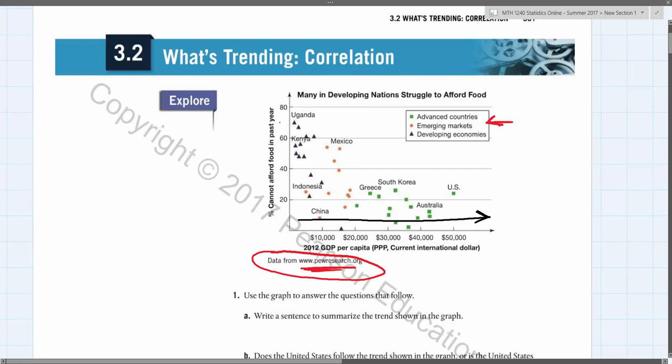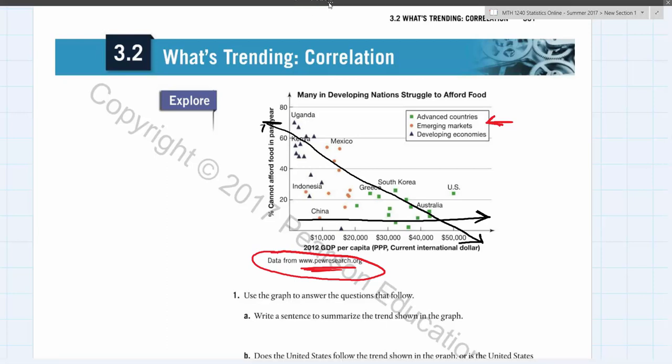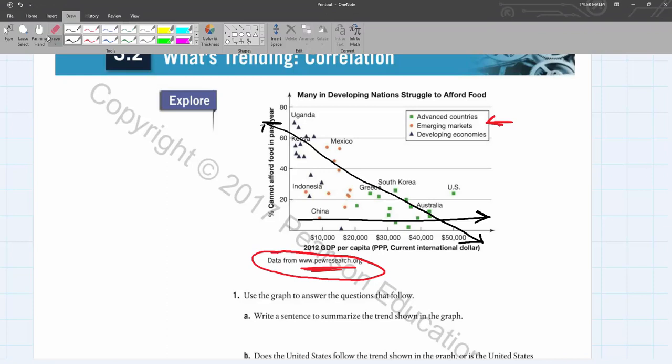So we have maybe not quite a linear trend, but some kind of decreasing trend. As my x value is increasing, my y values are tending to go down. So the richer the country is, there tend to be fewer people who can't afford food.